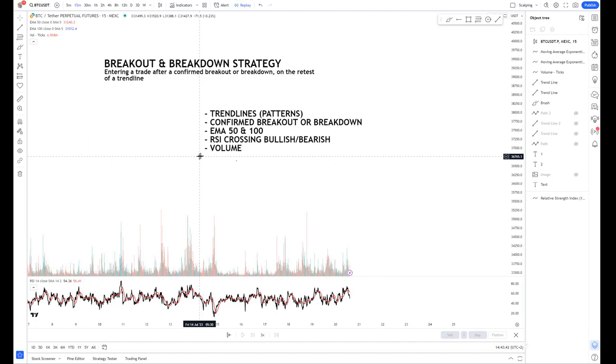I tend to be busy at the moment, still working and having kids and family. So this strategy gives me room to do other things. I have half an hour in the morning scanning charts and looking for trend lines or patterns which can break out during the day. Set a notification and then go do my thing and just wait.